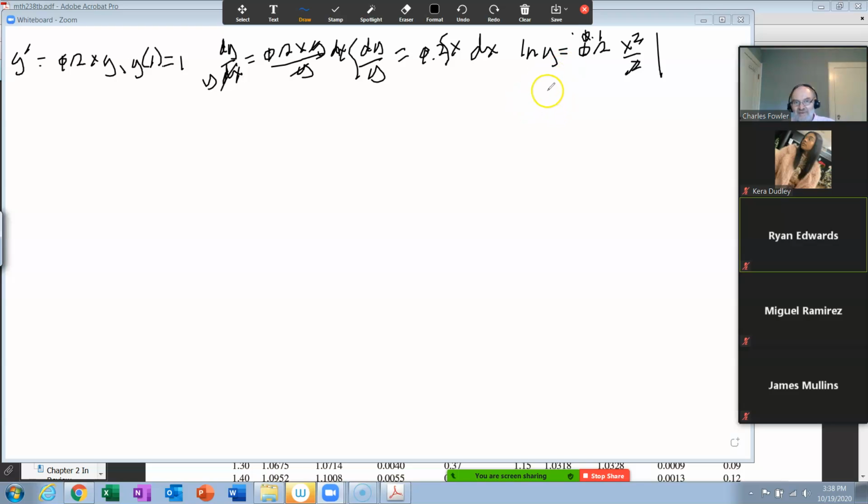Exponentiating both sides, y is equal to e to the 0.1 x squared, and we'll evaluate that from, where do we say, 1 to 1.5, isn't it?